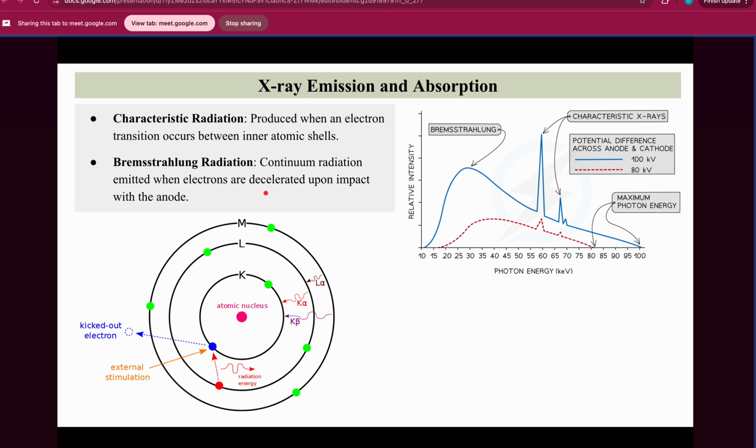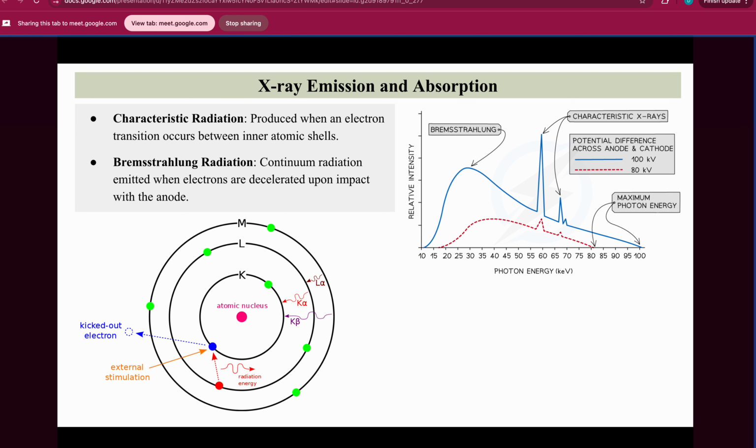As you know, in the entire process of generation of X-rays, we have seen how the electrons come from the cathode and hit the anode. The anode has a metal or some element present at its surface, where those electrons hit. Because they are coming with greater acceleration and higher speed, as soon as they hit, they get decelerated.